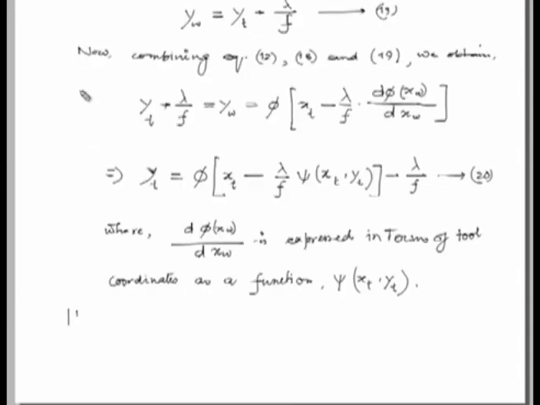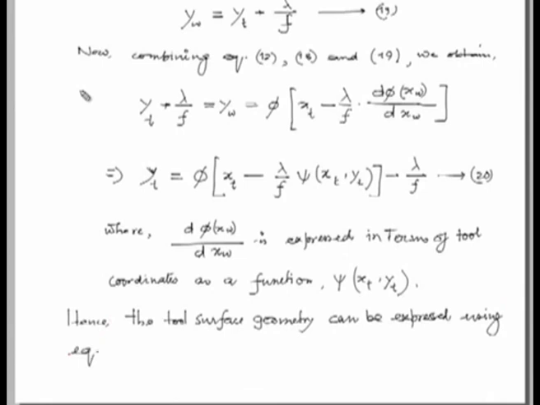Hence, the tool surface geometry can be expressed using equation 20 as y equal to phi of x minus sigma by small f, then psi of x y minus sigma by small f.